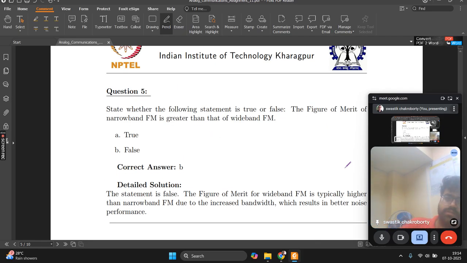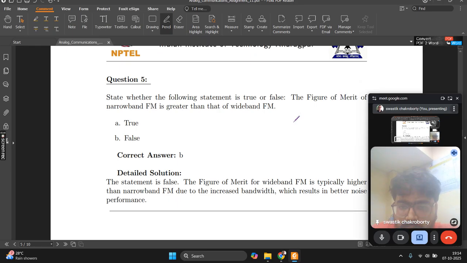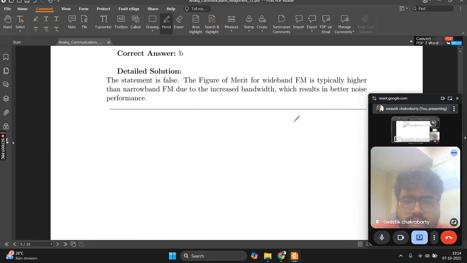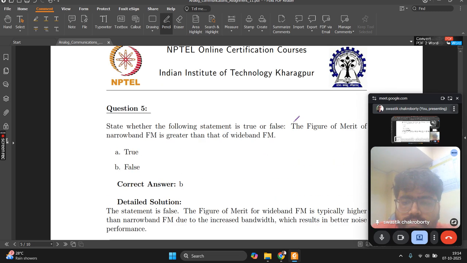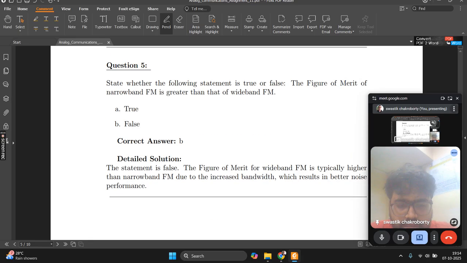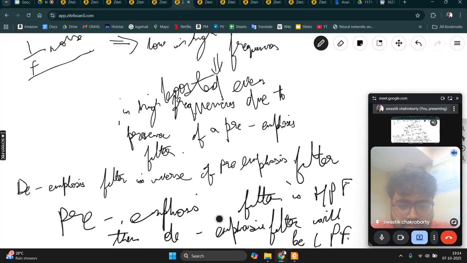Next, state whether the following statement is true or false. The figure of merit of narrowband FM is greater than that of wideband FM. Now, as you can imagine, the figure of merit expression is inversely proportional to the bandwidth, because as bandwidth increases, you are susceptible to more types of noise and more magnitude of noise.